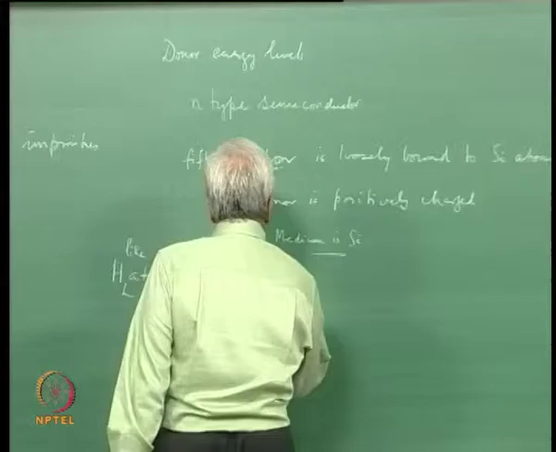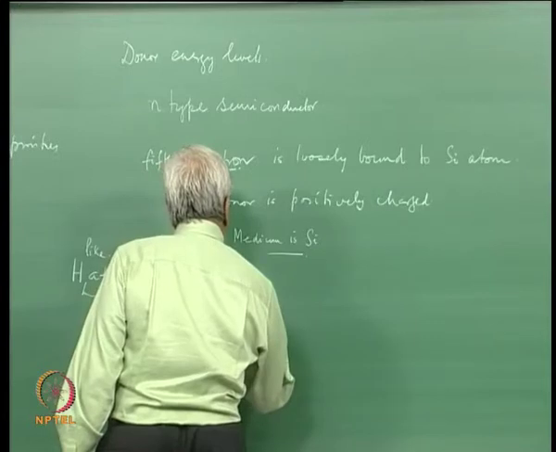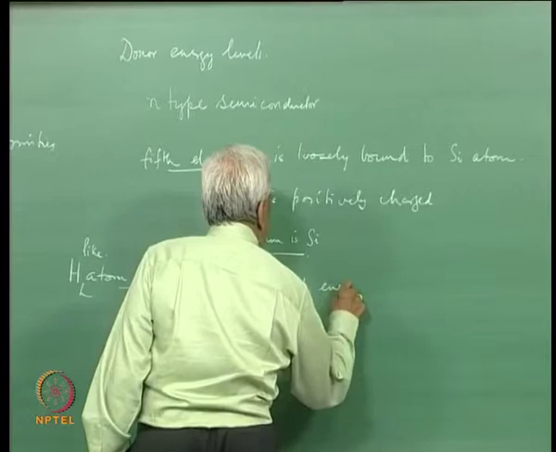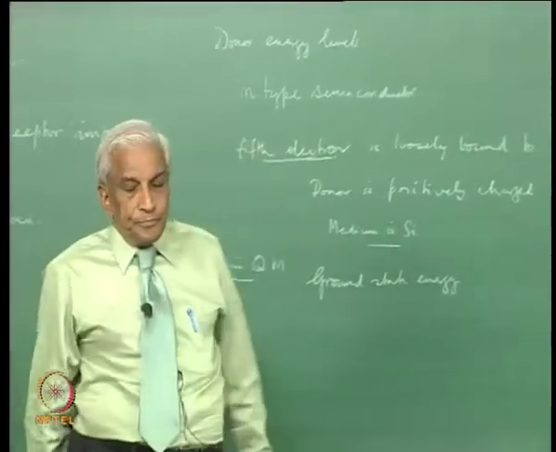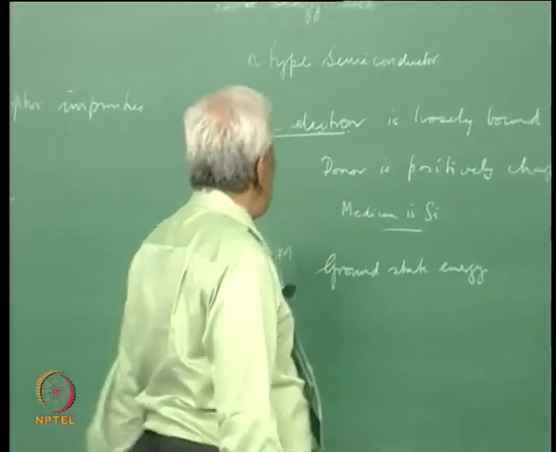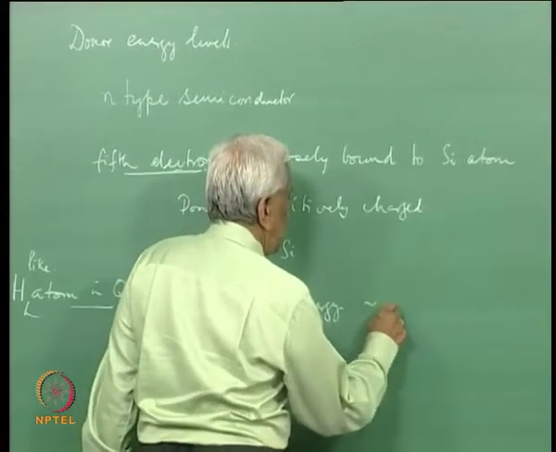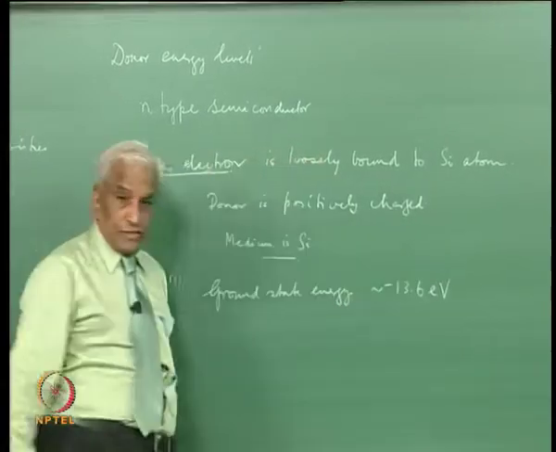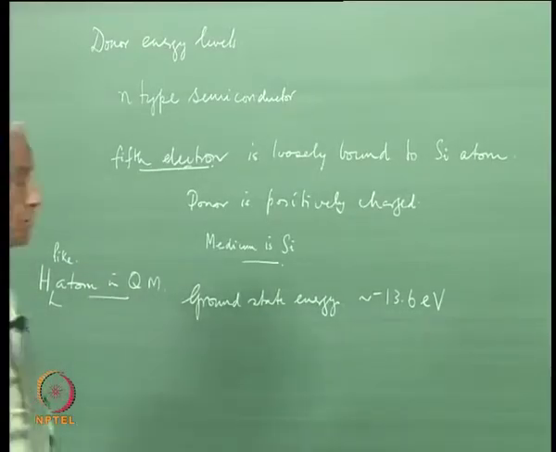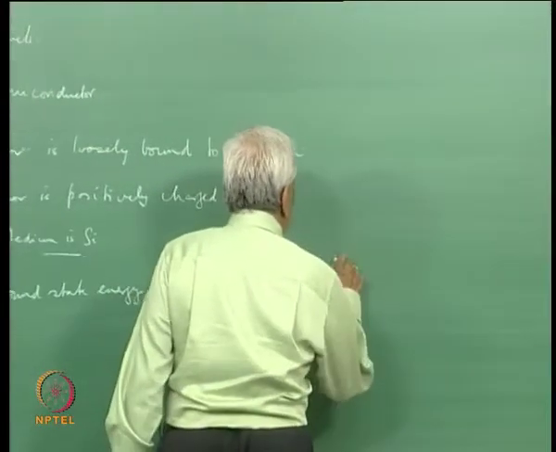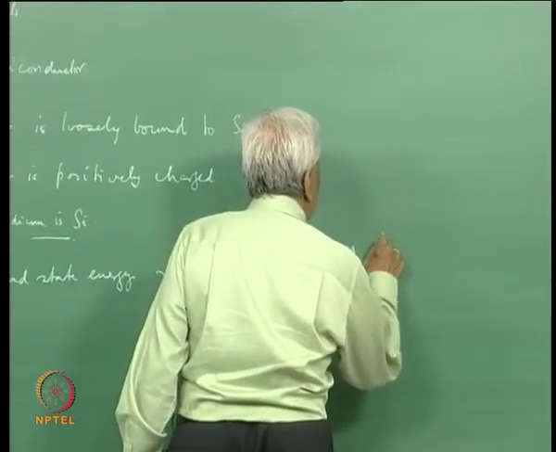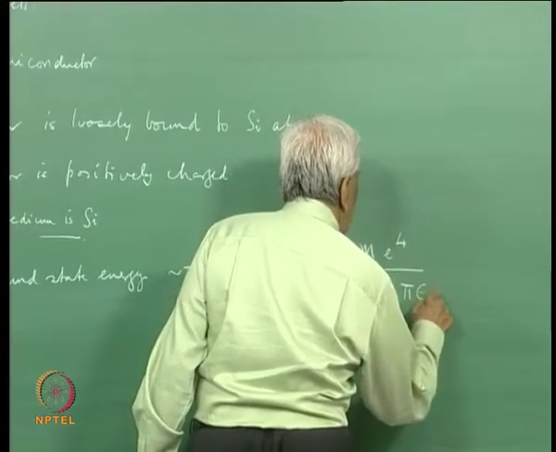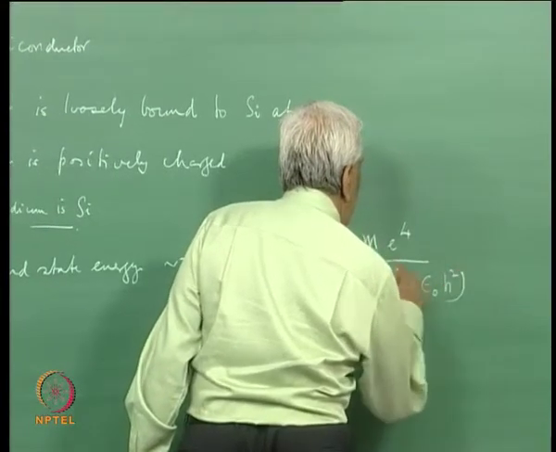The ground state energy of such a hydrogen like atom is 13.6 electron volts, negative because it is a binding energy, and this is got from the expression minus m e to the power 4 by 2 into 4 pi epsilon naught h square.